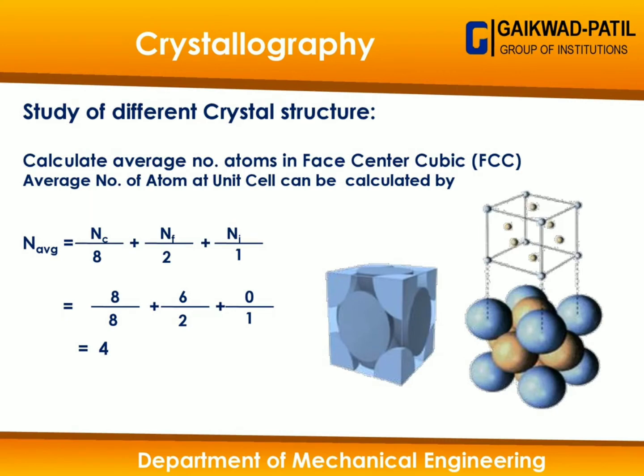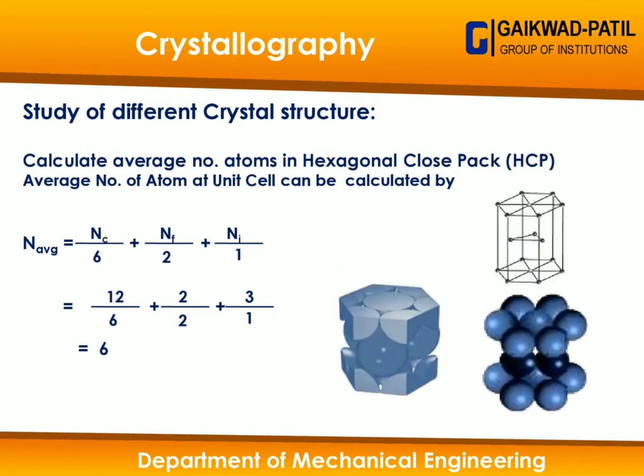Now in the case of the hexagonal closed pack crystal structure, the formula is different. Why? Because the hexagonal closed pack crystal structure geometry is different. It is different from the cubical crystal structures we have seen previously. It looks like a hexagonal pyramid, right?